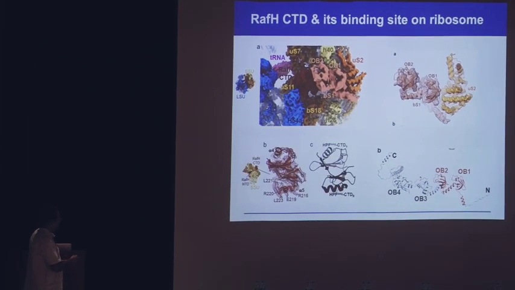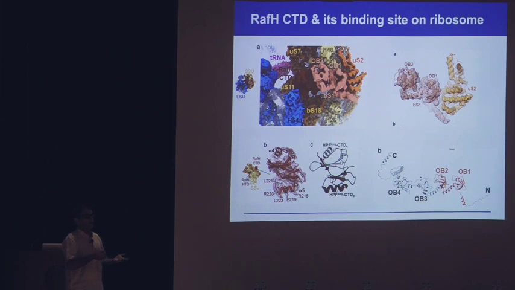Okay, now if we see that CTD, it is a little longer in our structure in RAF, and in the other reported structure of hibernation factor long, the 2 CTDs form a dimer. That structure looks like this, but in RAF it is already a dimer.